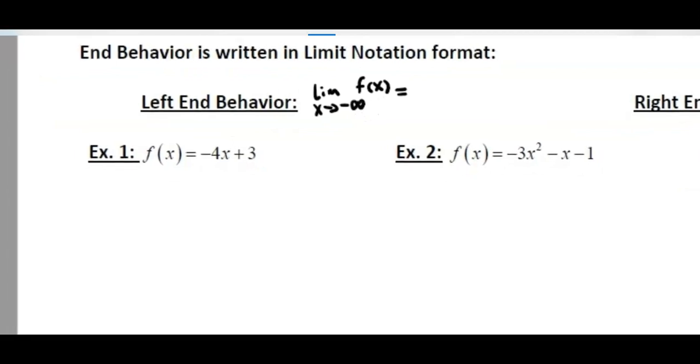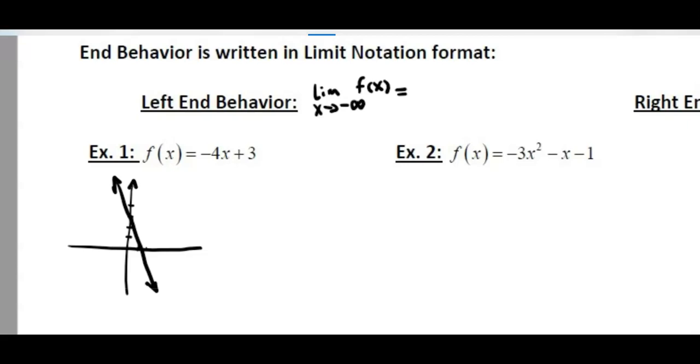The graph of negative 4x plus 3, I won't show doing this in Desmos, but you can. So it's going to look something like that.